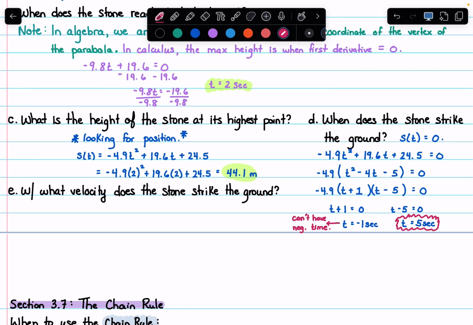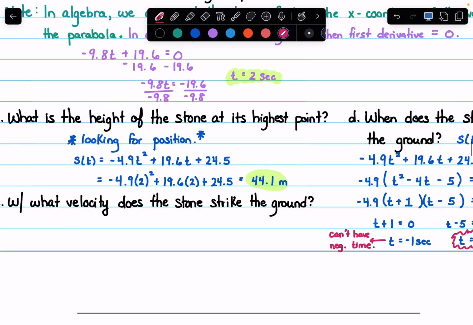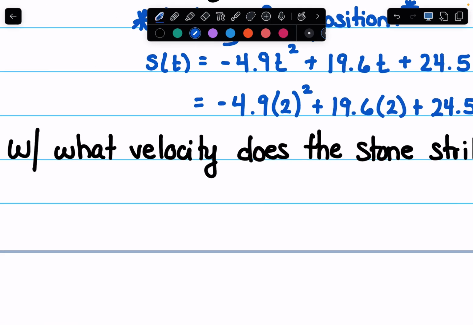With what velocity does the stone strike the ground? Do you see the difference? That's why we used position here, and why we'll use velocity, the first derivative, here, okay? So we already have what the velocity function is, negative 9.8t plus 19.6.